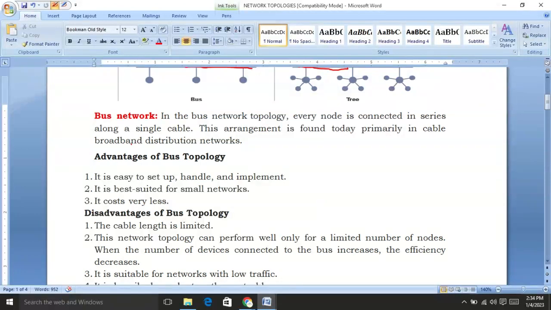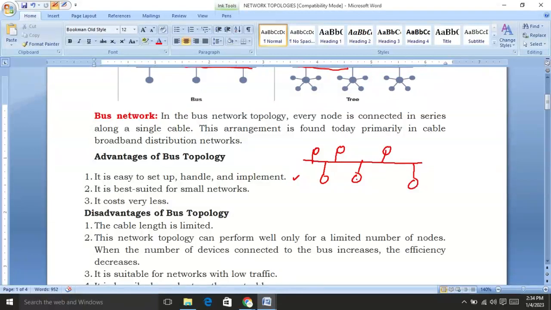In the bus topology, each and every node is connected to a single cable or a common bus. So here we are connecting the devices sequentially, one after another. Right? This is the bus topology. What are the advantages of the bus topology? It is easy to establish the network.